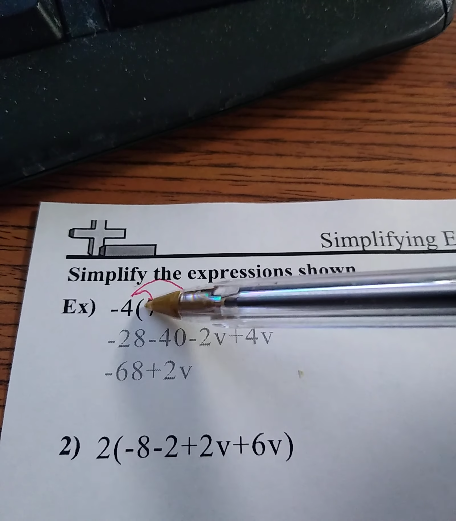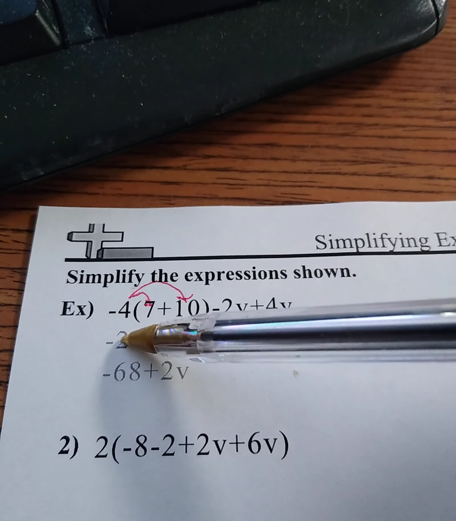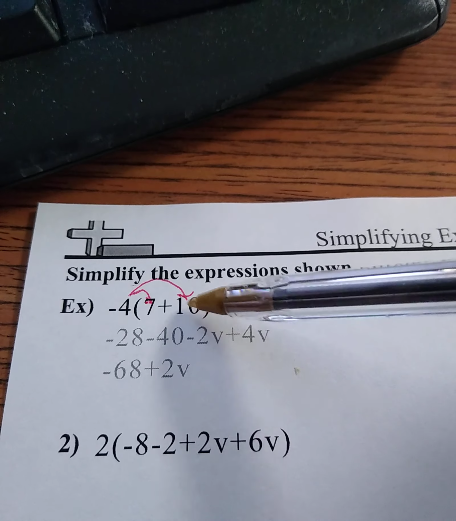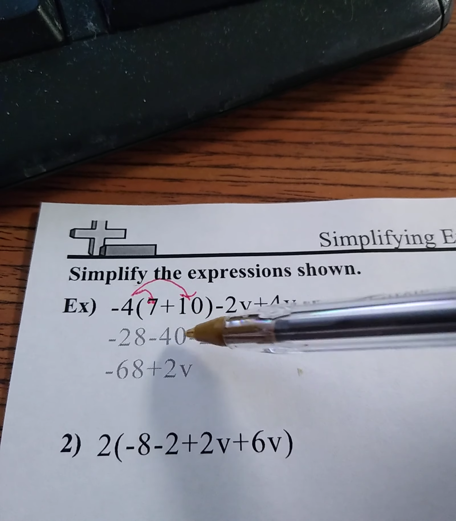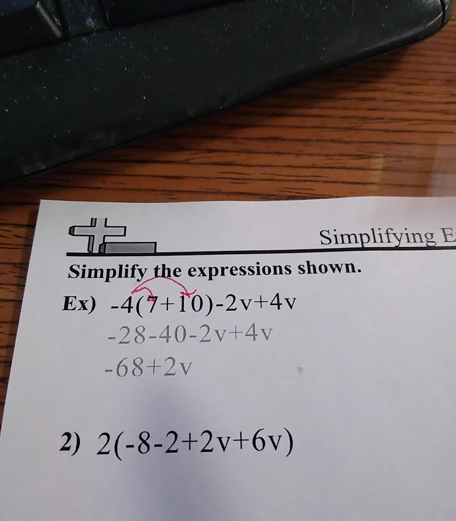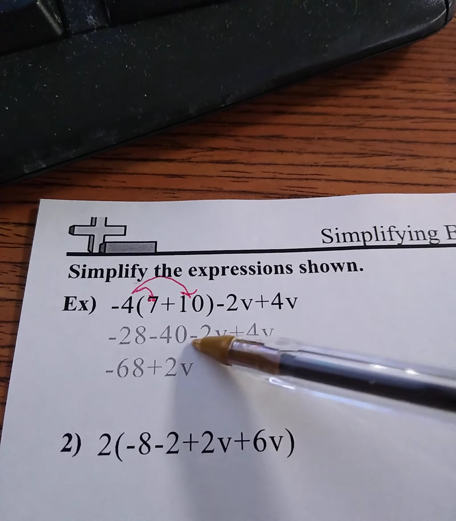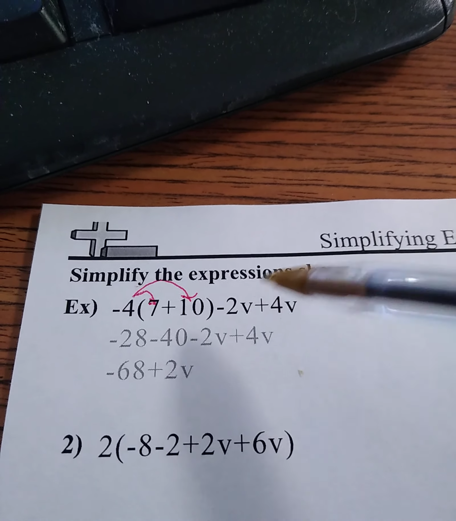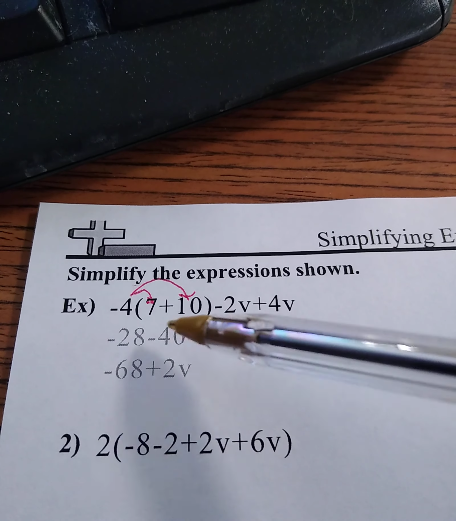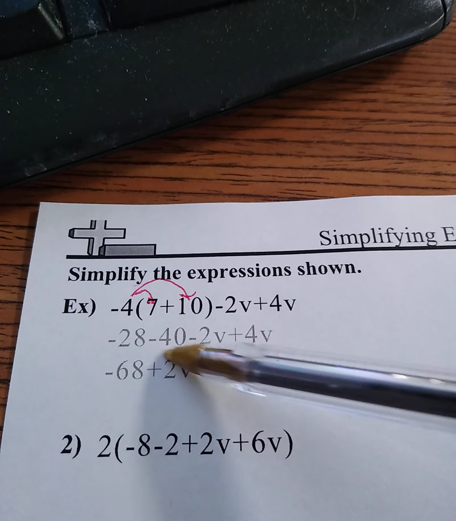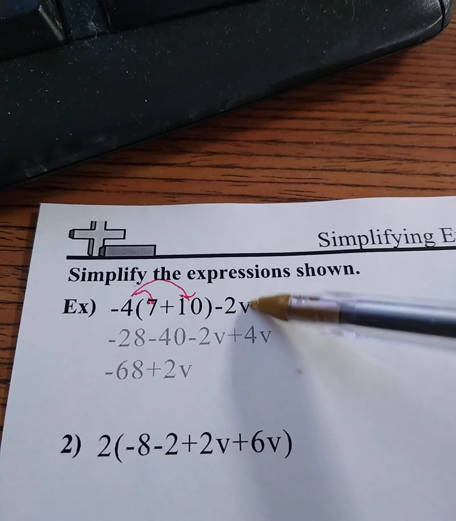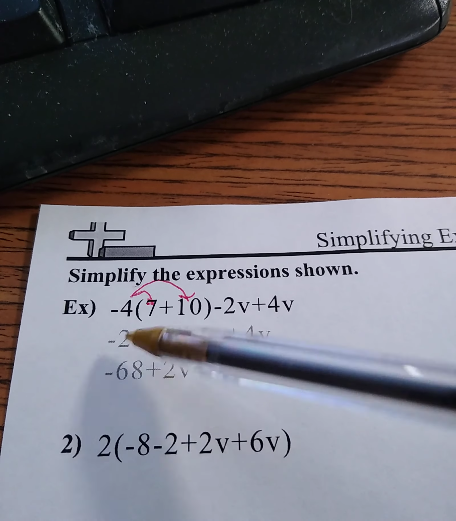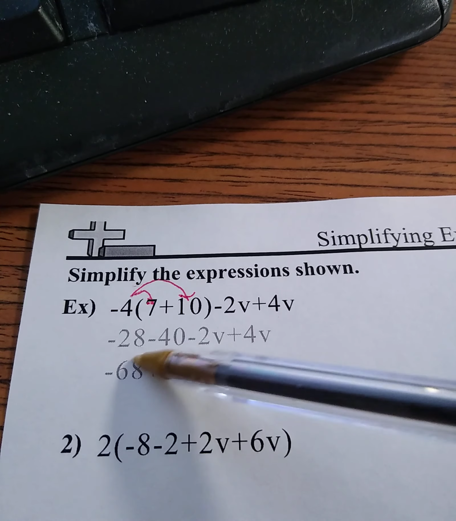So -4 times 7 is -28. -4 times positive 10 is -40, because remember, a positive and a negative equals a negative. And then these stay the same, minus 2v plus 4v. These just come down. Now you're just adding all the like ones, okay? So you're going to add the numbers without the letters together. So -28 minus 40 is going to be -68.